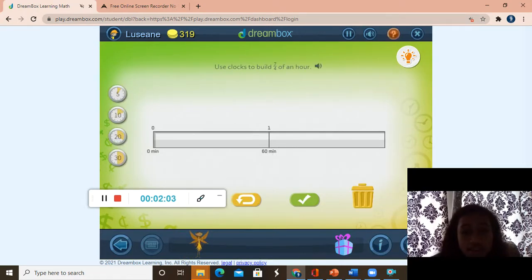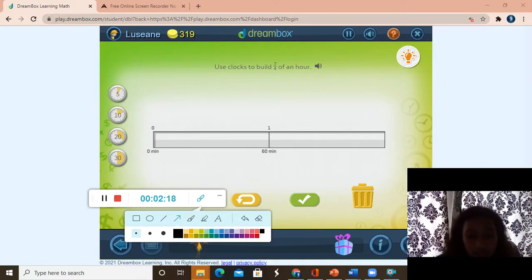Use clocks to build 7/4 of an hour. So what we are going to do is we know that 1/4 of an hour equals 15 minutes.